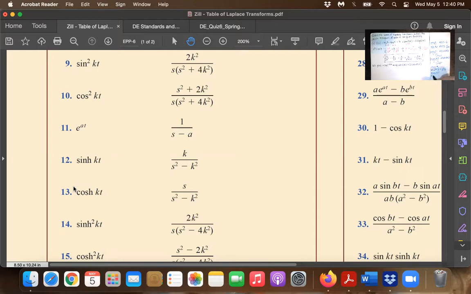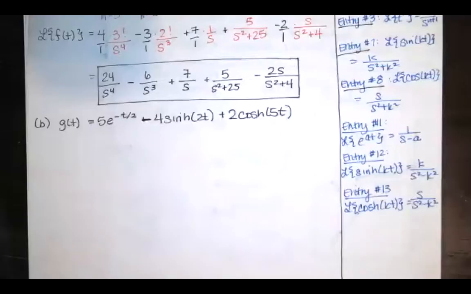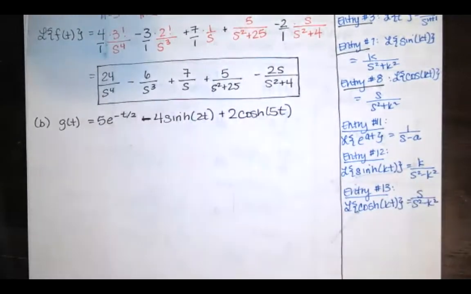tells us that the Laplace transform of hyperbolic sine of kt is k over s squared minus k squared. And entry number 13 tells us that the Laplace transform of hyperbolic cosine of kt is s over s squared minus k squared. So we're just going to apply those individually here, here, and here.